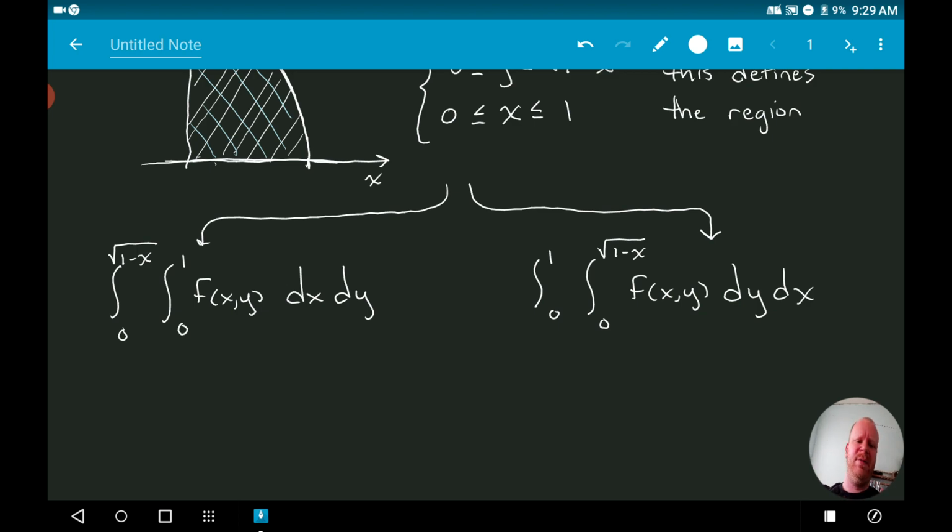So we saw how to solve some double integrals. At the end of solving this one, for example, we'll have some function of x. We'll evaluate that at the square root of 1 minus x and 0. And then at the end, we'll evaluate that function of x between 0 and 1. So this one is going to produce a constant.